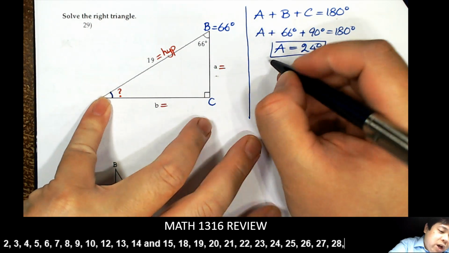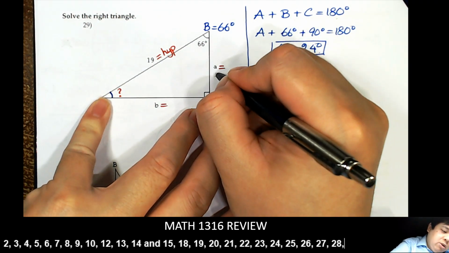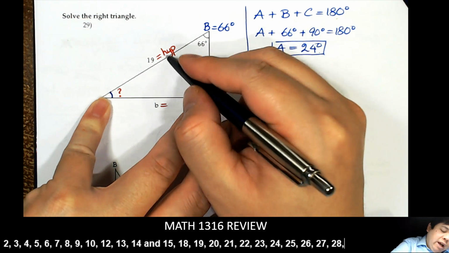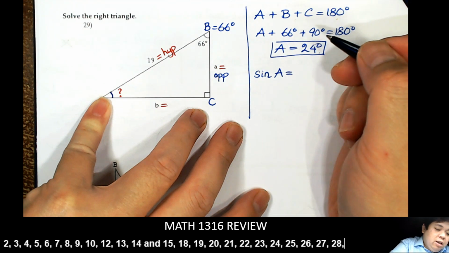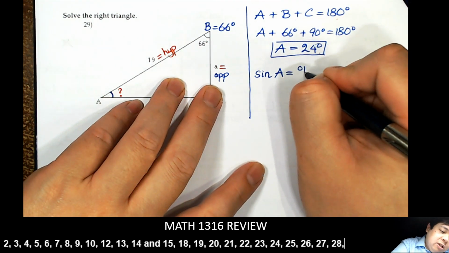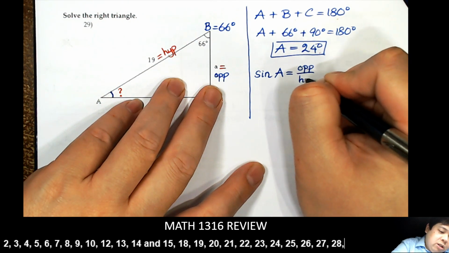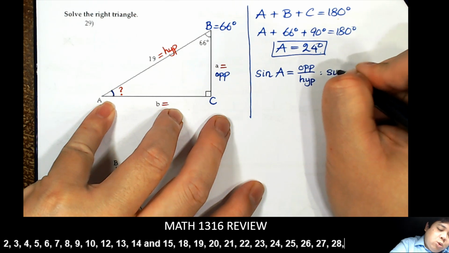With respect to angle A, we have opposite and hypotenuse, so that's going to be sine of angle A equal to opposite over hypotenuse. Particularly, angle A is 24 degrees.